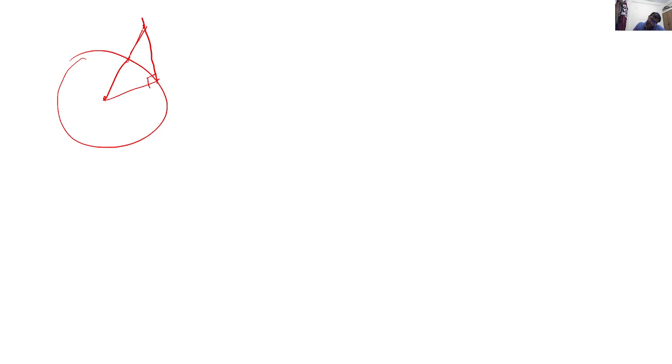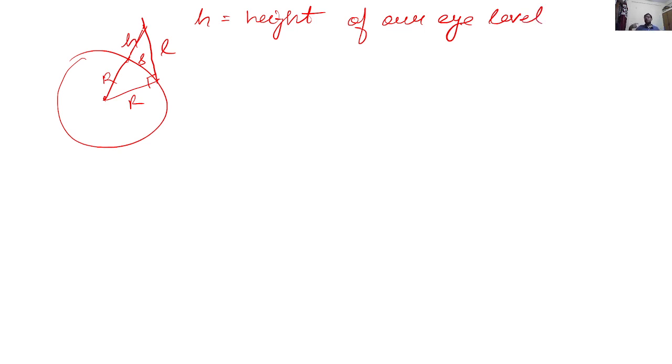So this is R, this is R, this is H, this is L, and this is S. H is the height of our eye level. In the problem, it was the altitude of the satellite, but in this case I'm taking the height of the eye level, just to explain what the horizon means, above the sea level.